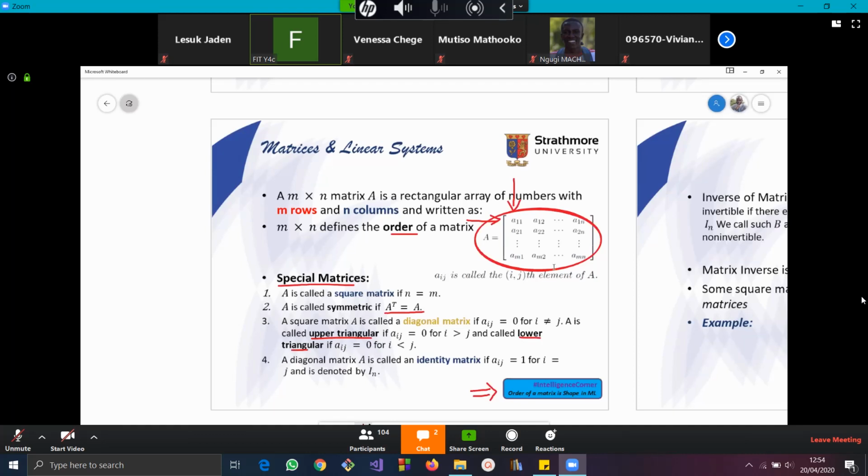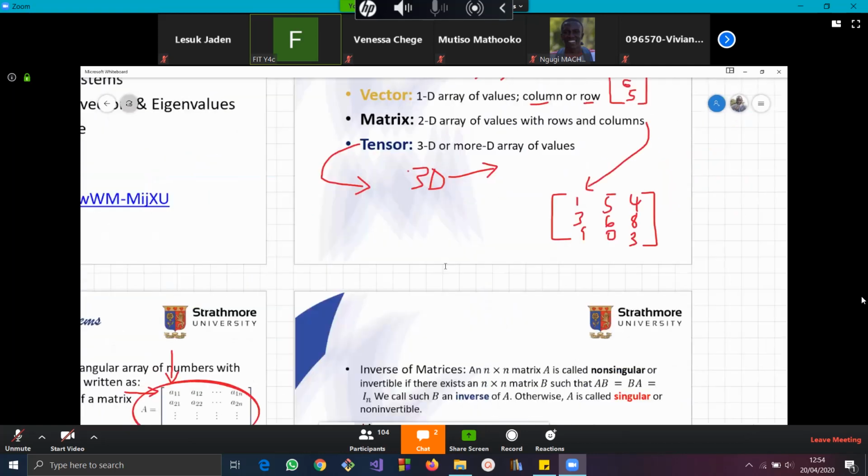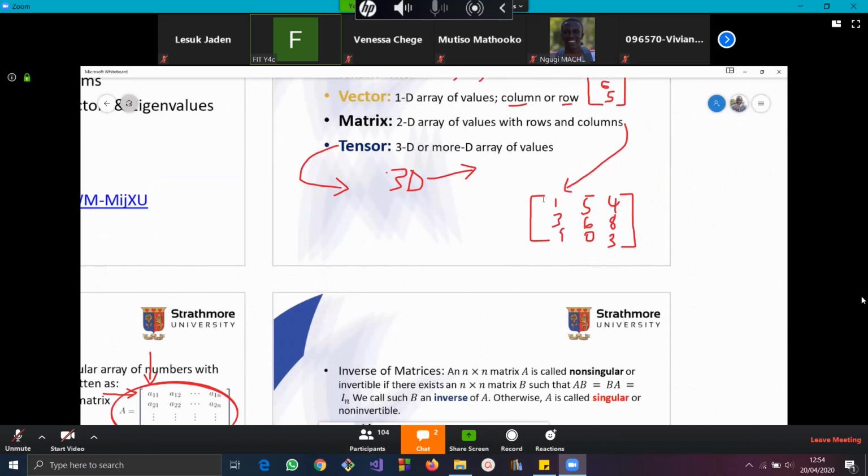In other words, if we had an upper triangular matrix, it means that we will only have values up here, and zeros below. Lower triangular is like that, but it has to be a square matrix.